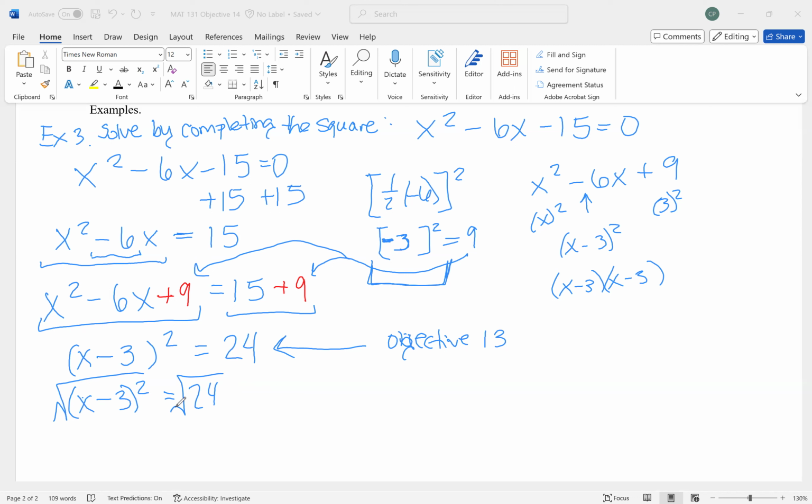For this particular problem, if we continue, our answer is not going to work through evenly, so we're just going to stop it right here. But I just wanted to show you how the process works, okay? So we do the completing the square, and then when we get to this point, we pick up with what we learned in objective 13, okay?